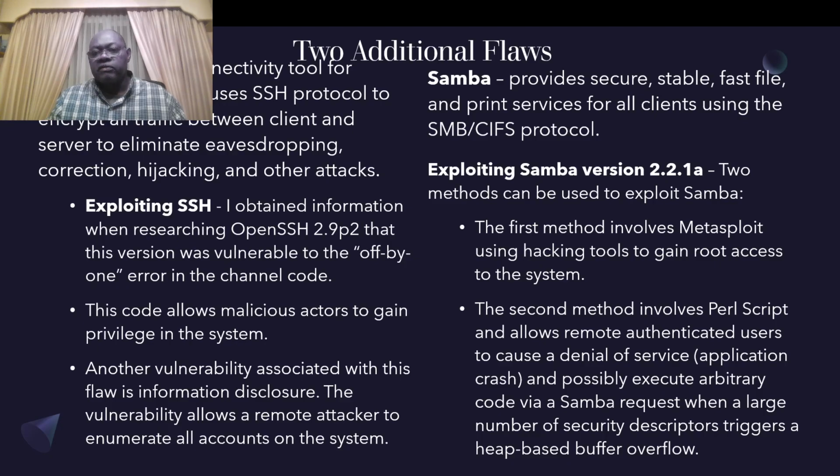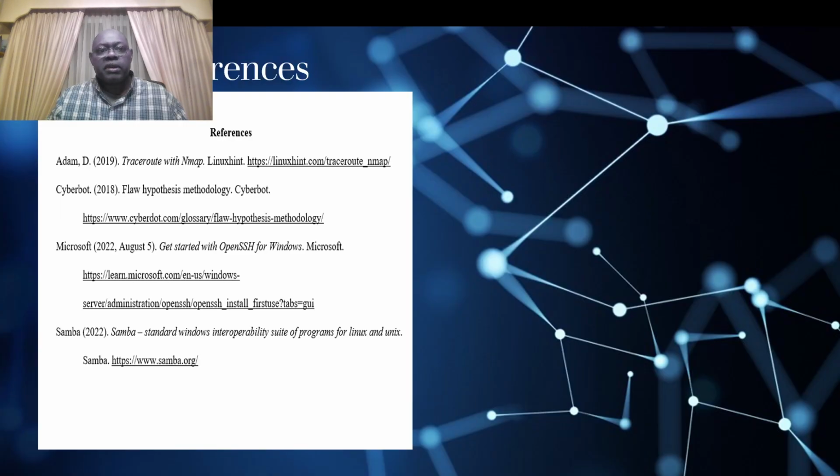The second method involves a Perl script and allows remote authenticated users to cause a denial of service, that's an application crash, and possibly execute arbitrary code via a Samba request when a large number of security descriptors triggers a heap-based buffer overflow. These are my references.